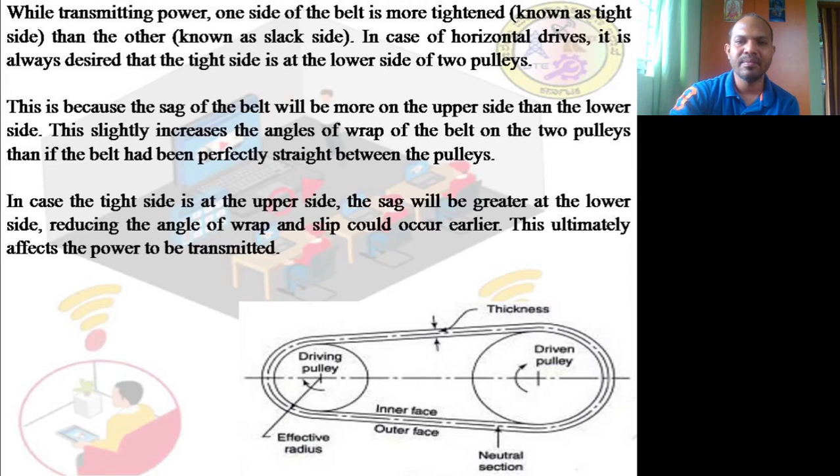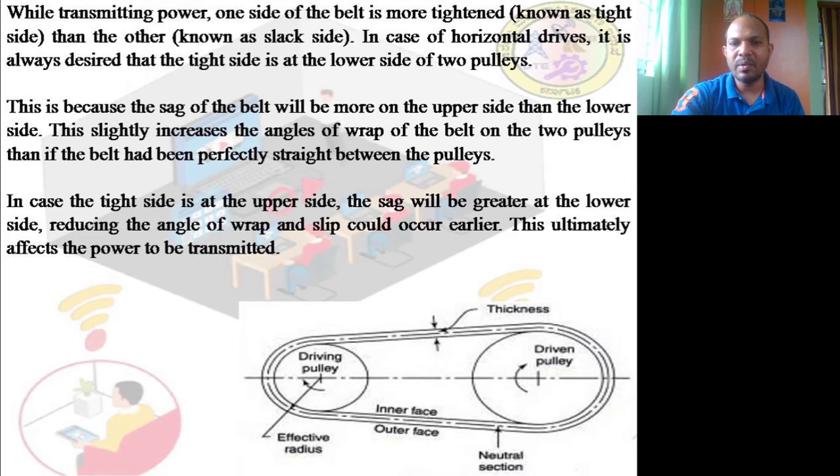This slightly increases the angle of wrap of the belt on the two pulleys than if the belt had been perfectly straight between the pulleys. In case the tight side is at the upper side, then what happens?